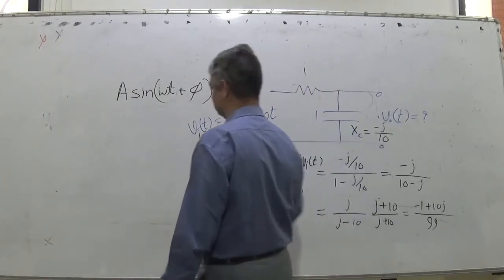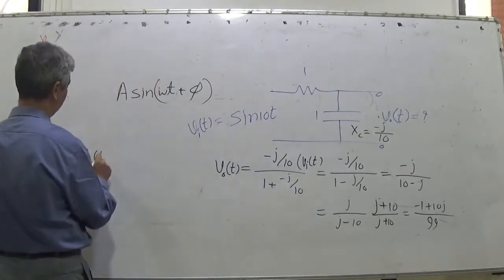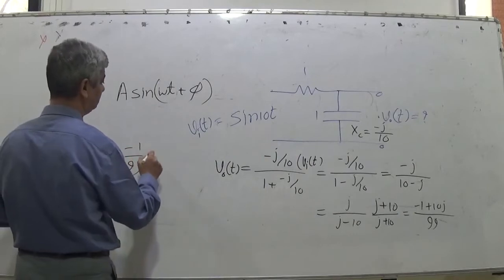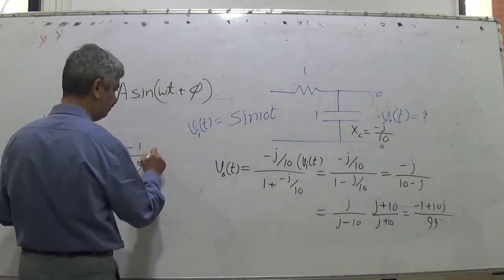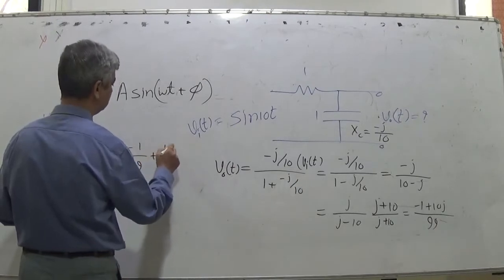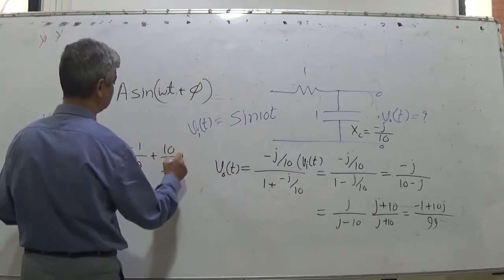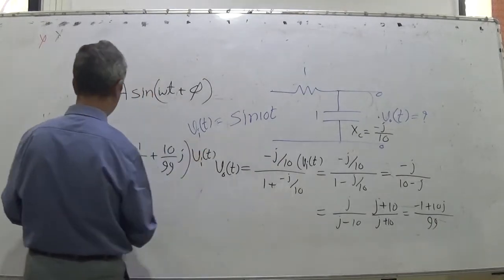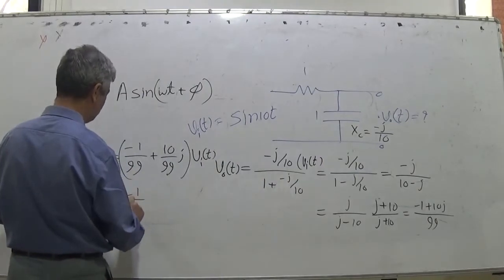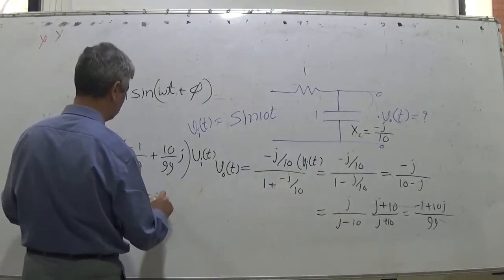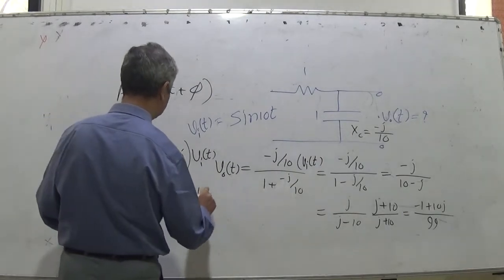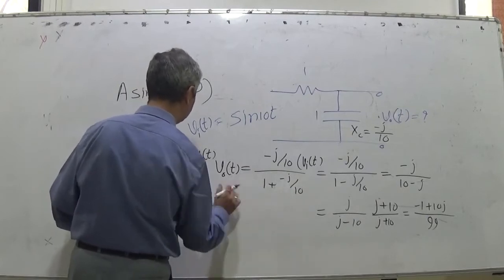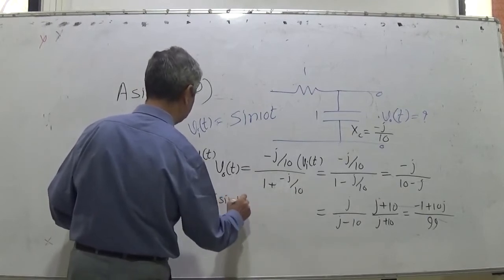So VOT is finally minus 1 upon 99 plus 10j upon 99 into V in T. So that is minus 1 upon 99 sin 10t plus 10j upon 99 sin 10t.